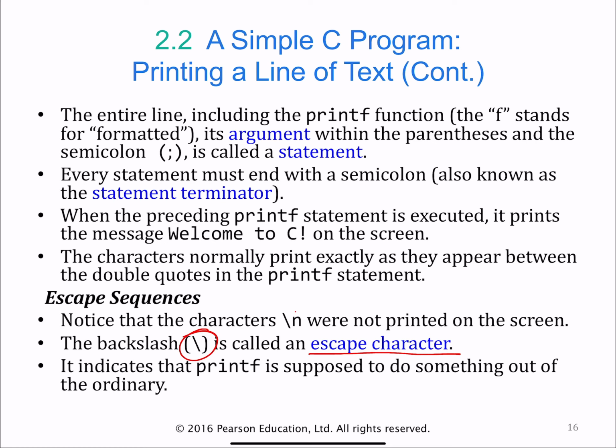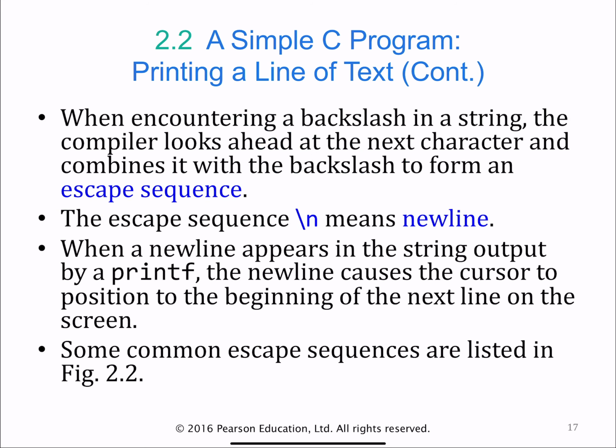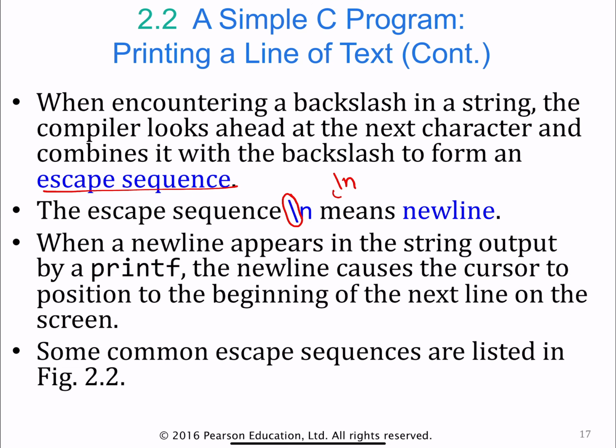In this case, when the backward slash is followed by an n, this means new line, break the line, move on to the next line. When I show you how to run this code and what it does, this will become a little clearer. So this backward slash is called an escape character. When you couple it with an n together, it means new line.